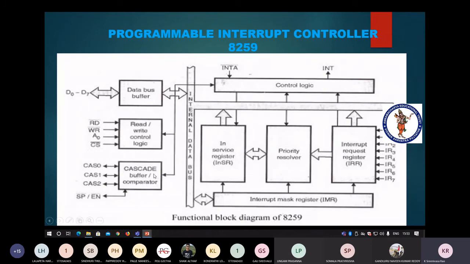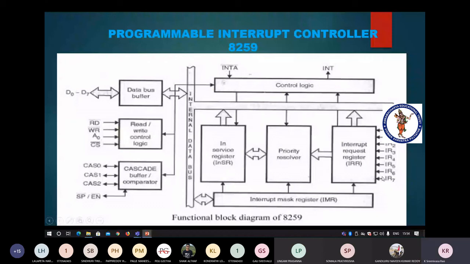Next one is cascade buffer or comparator. This is the block which is used to expand the number of devices. It is used to cascade more number of 8259s to accommodate more devices. A single 8259 accommodates how many? 8 devices.